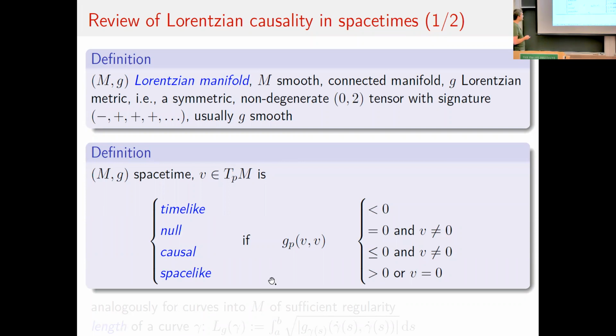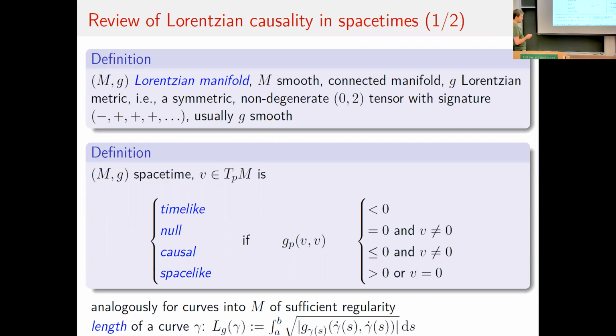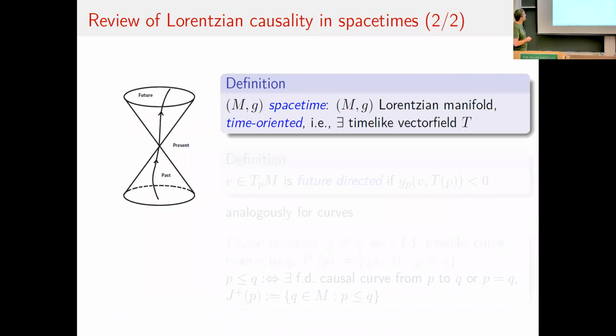Then you can define this, of course, analogously for curves into M, saying that the tangent vector has to satisfy this almost everywhere, or everywhere, depending on the regularity of the curve. And then you can define the length with respect to the metric, which is just to integrate the square root of the absolute value of the norm.